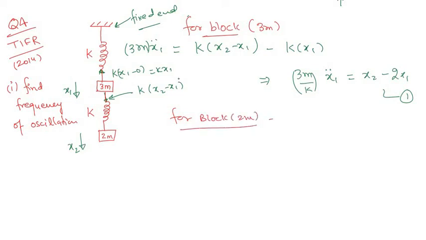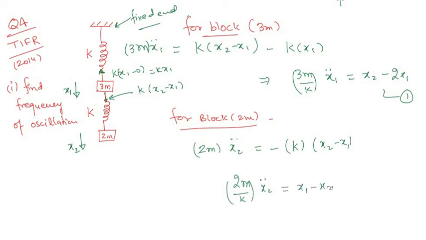It is simple because there is only one spring: 2m x2 double dot is equal to minus K times (x2 minus x1). So (2m/k) x2 double dot is equal to x1 minus x2. So we have found the equations of motion here. Now we have to find the frequency of oscillation.